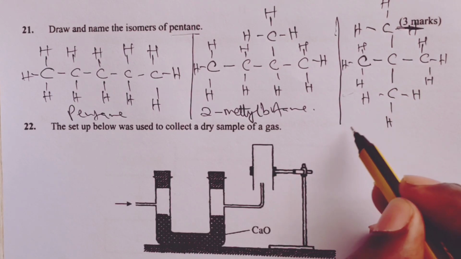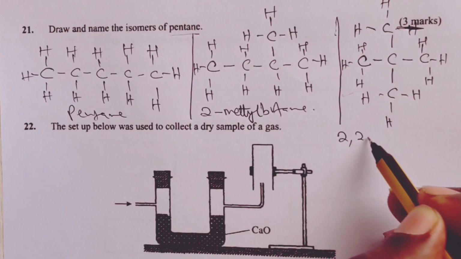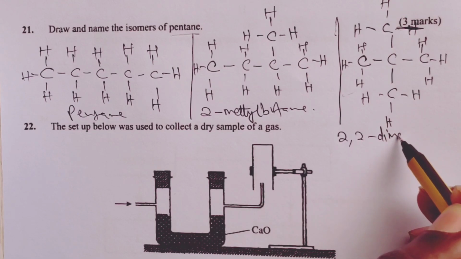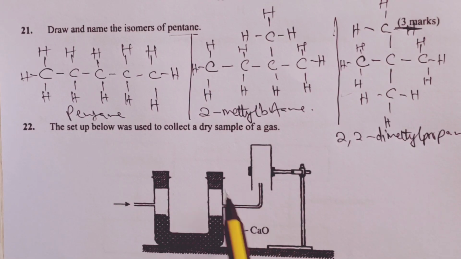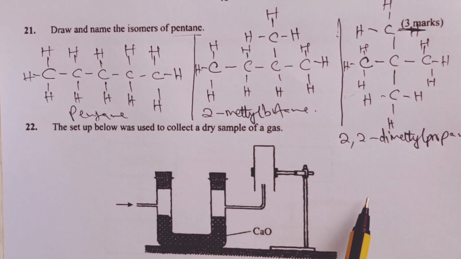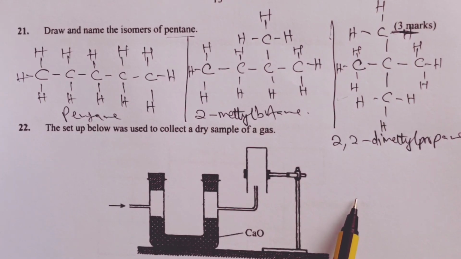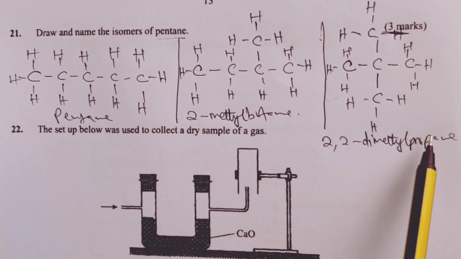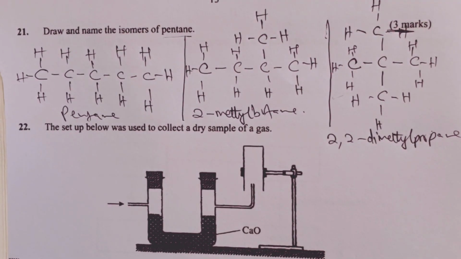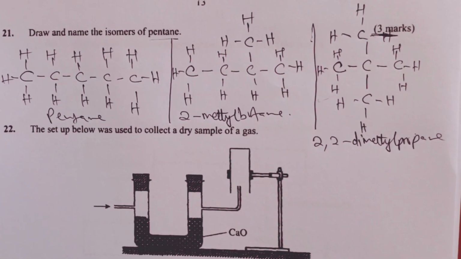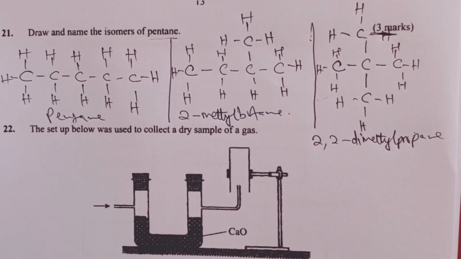This would then be called 2,2-dimethyl propane. So each of the structures has a mark, and each of the names has a mark, giving us a total of 3 marks. We proceed to now the year 2017, where we begin with question number 5.